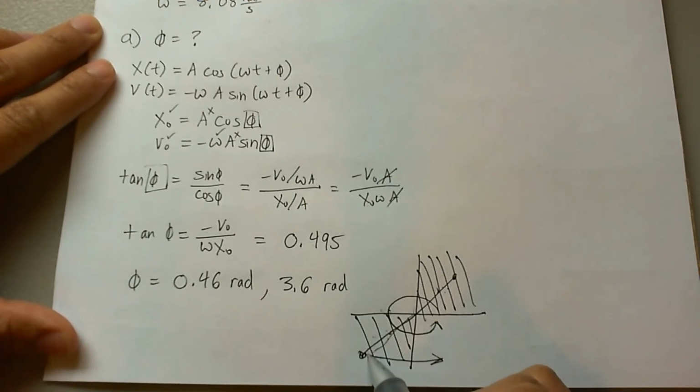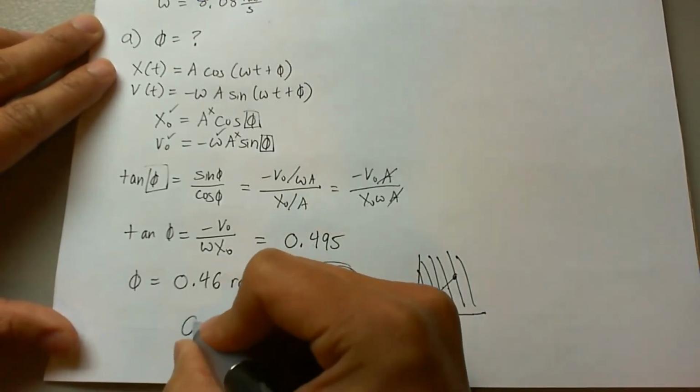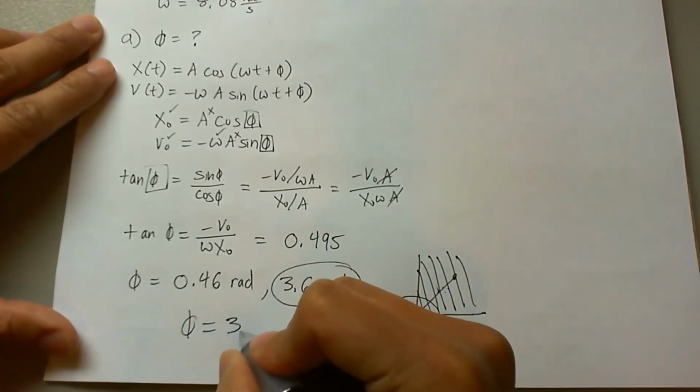So not only does this phi simulate a negative x value in the x axis, but it also simulates a positive going motion. So the third quadrant definitely has to be the phi that we're looking for, negative and positive seeking. So the answer is going to be 3.6 radians, and that's going to be our answer for phi.